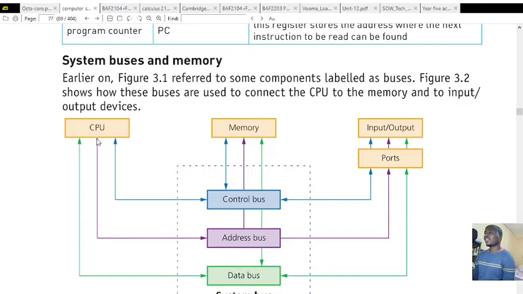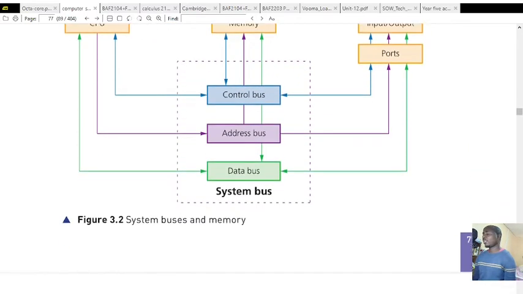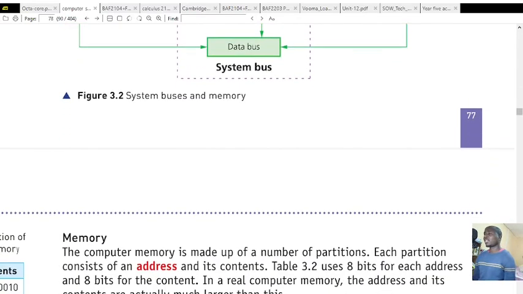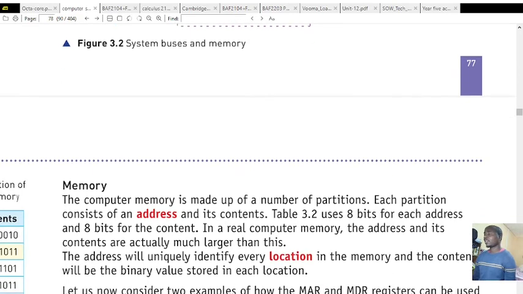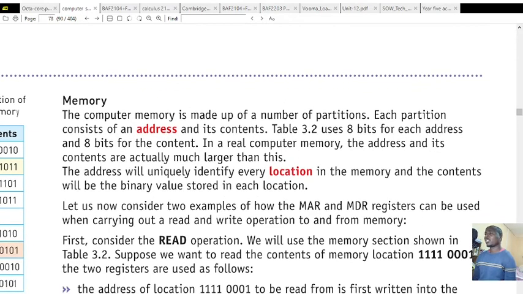As you can see, it only points from the CPU to the input and output device there. Then we have the control bus, which is normally bidirectional. It can be sent in either direction or in all directions if there is something like that. But that's how the bus system is organized within the computer.